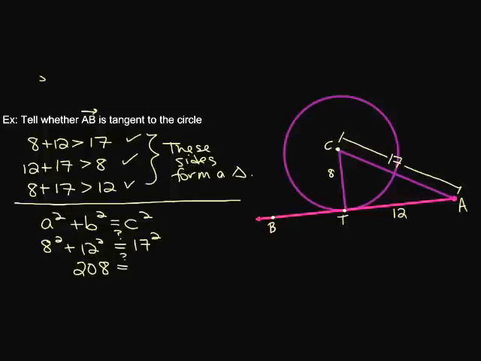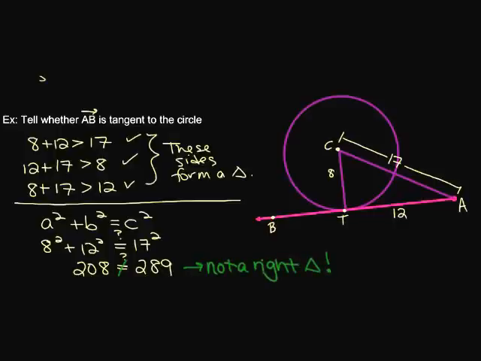And when you type in 17 squared, we get 289. So 208 is not equal to 289. That tells us that this is not a right triangle.